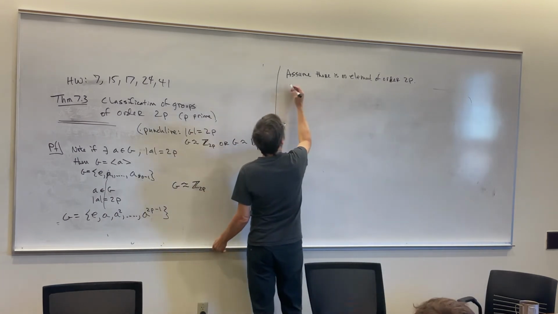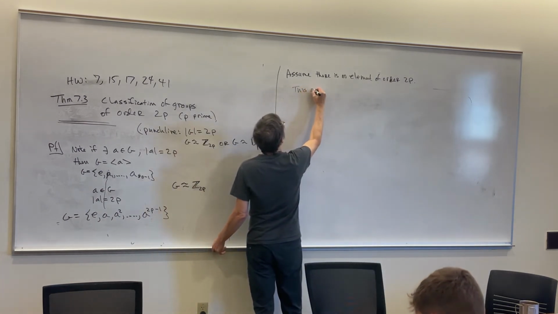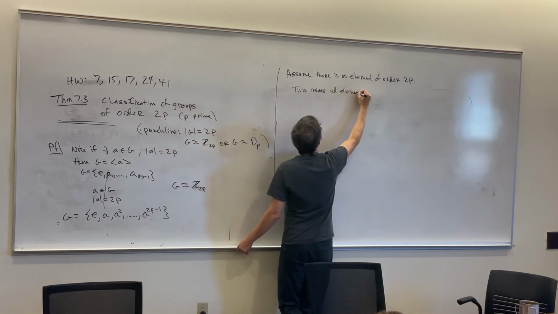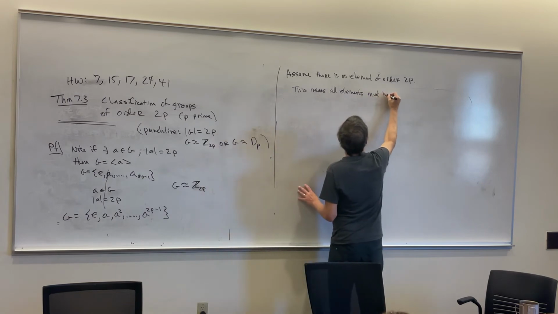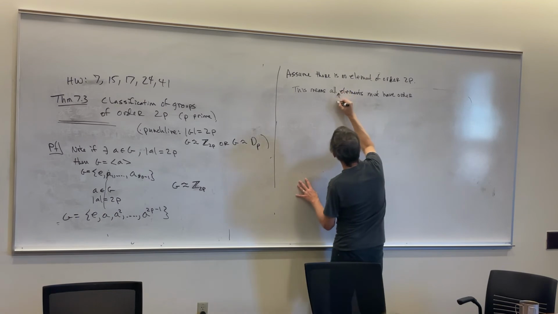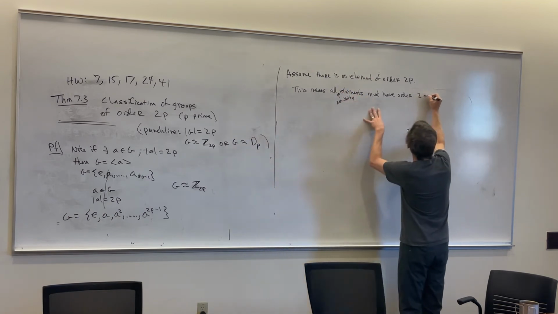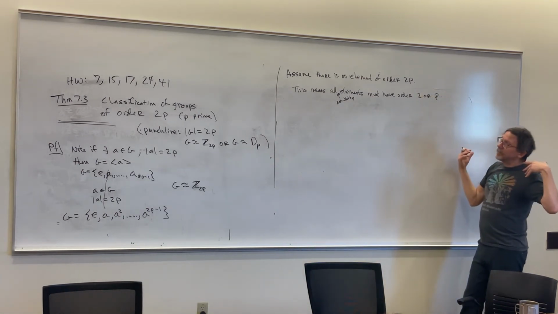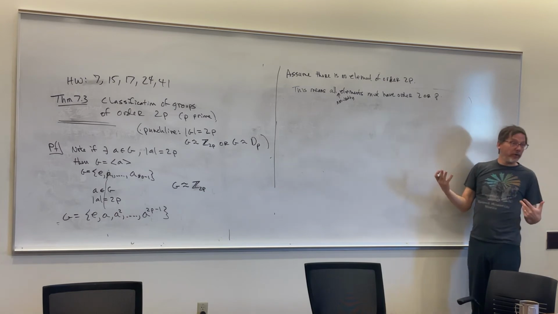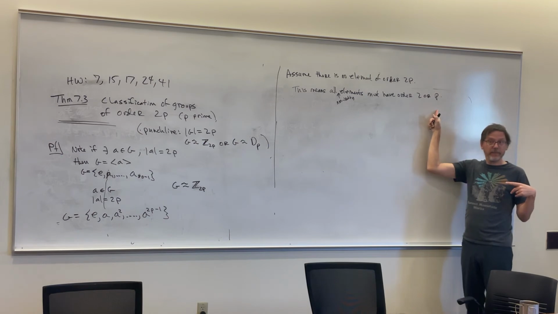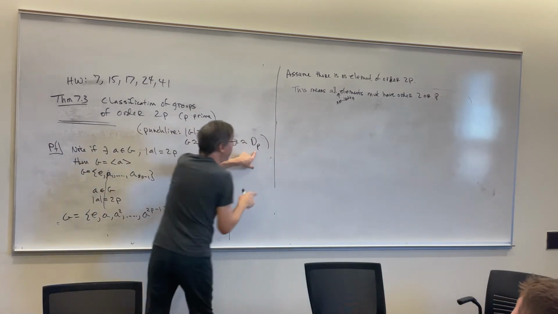So this means all non-identity elements must have order 2 or P. Let's show that they can't all have order 2, so there's got to be some of order 2 and some of order P. Which is just like this, right?